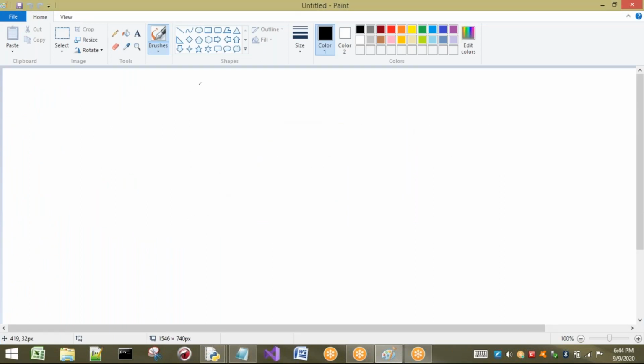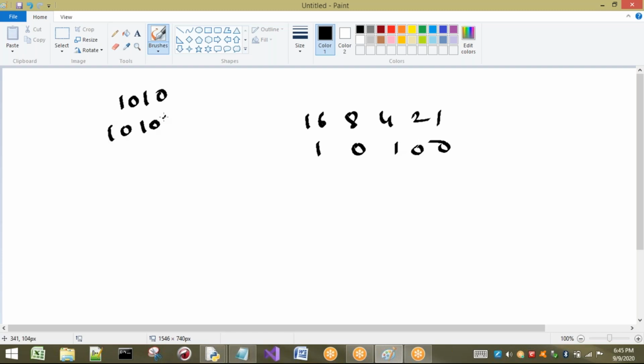So 10 or 20. 20 means 16, 8, 4, 2, 1. So here 1 and here 1, remaining are zeros, so 1, 0, 1, 0, 0. Here I am going to perform the OR operation. OR means 0, 0, 0 and remaining all are 1, 1, 1, 1.